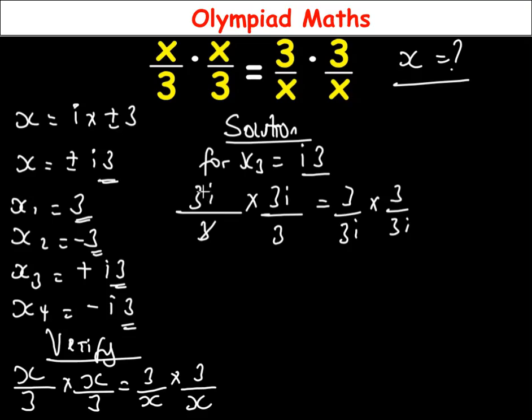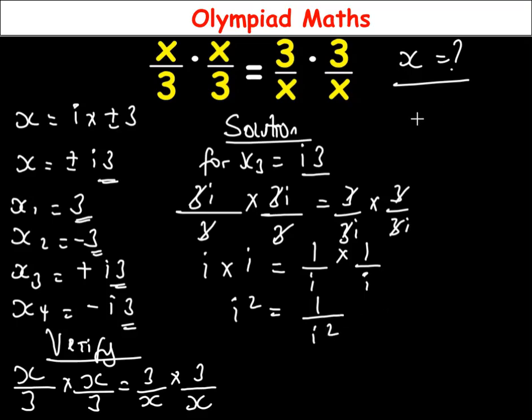So with this, 3 cancels 3, you have i, times 3 cancels 3, you have i, is equal to 3 over 3i, so you have 1 over i, times 3 over 3i, so you have 1 over i times i is i squared, is equal to, now you have 1 over i times i is also i squared.